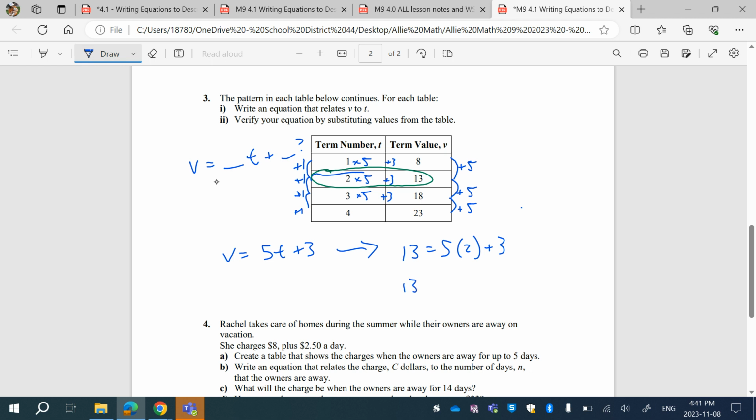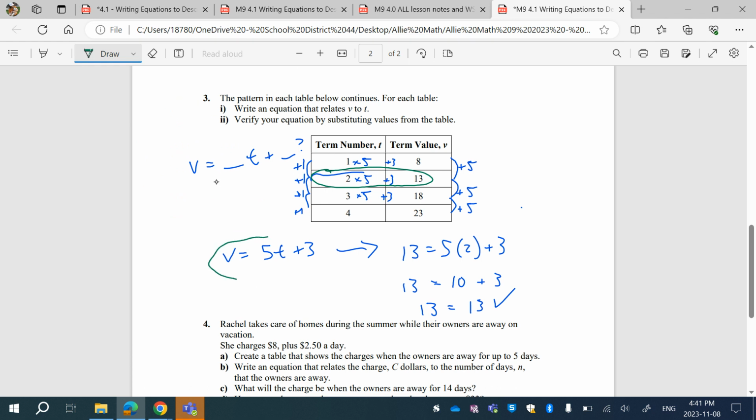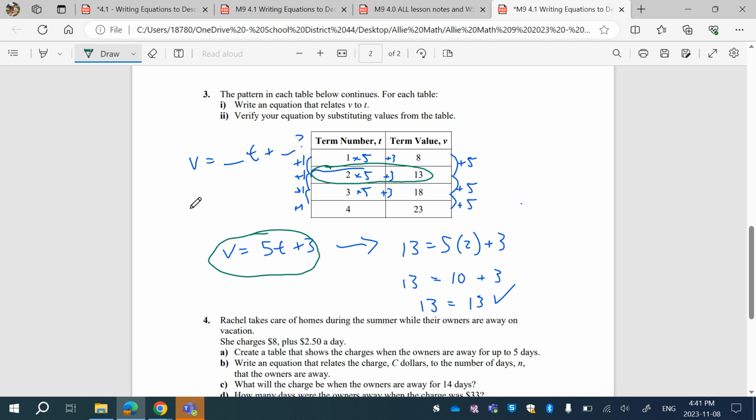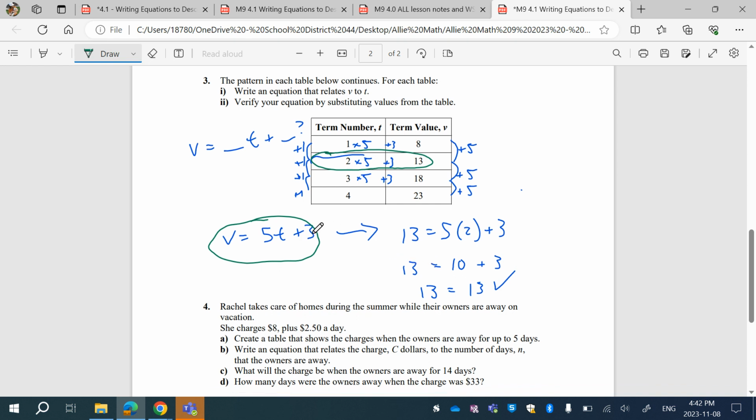So 13, does that equal 10 plus 3? Indeed it does. 13 does equal 13. And so that would be a correct equation for this data set. So it does take a little bit of investigation, maybe a bit of guessing and checking, but you always have this table of values that you can put in at the end and verify your equation.